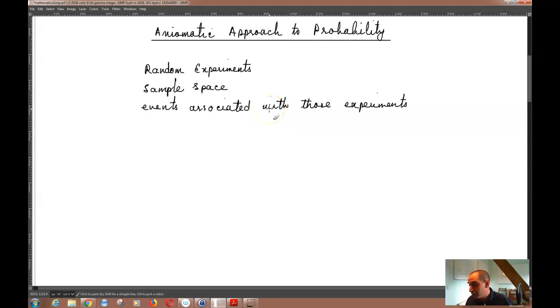Now, in our day-to-day life, we use many words about the chances of occurrence of events. Probability theory attempts to basically quantify these chances of occurrence or non-occurrence of those events.